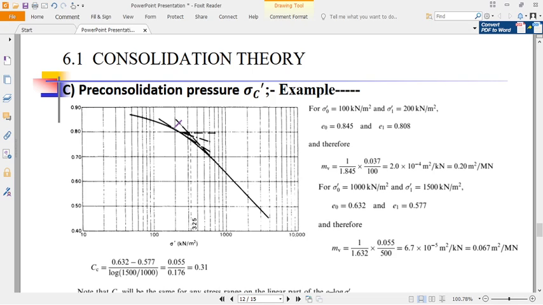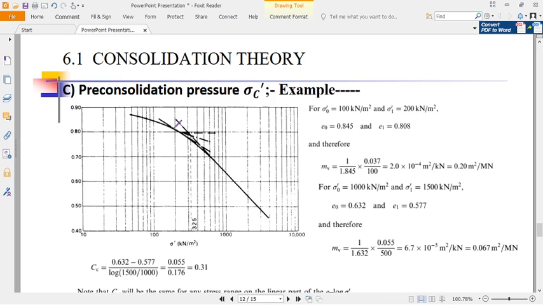By determining the MV, you come to where the pressure is, and as I've told you, the question was between 100 and 200. Is that okay? So you go to where there's 100 on the graph, and you get this reading, which is 8.5.